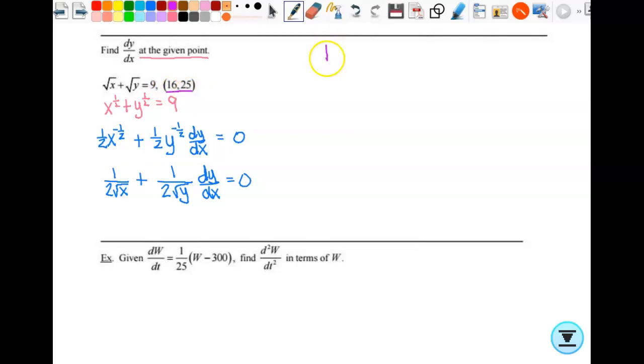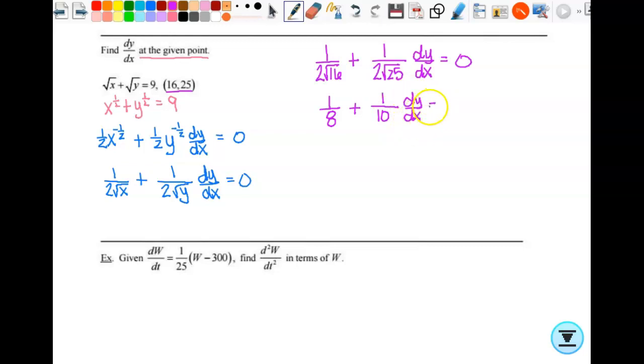So that would give me 1 over 2 times the square root of 16 plus 1 over 2 times the square root of 25 times dy/dx equals 0. I would suggest you just substitute it in so you don't do anything weird here. So the square root of 16 is 4, so this would give me 1/8, plus square root of 25 is 5, so that would be 1/10 times dy/dx equals 0.